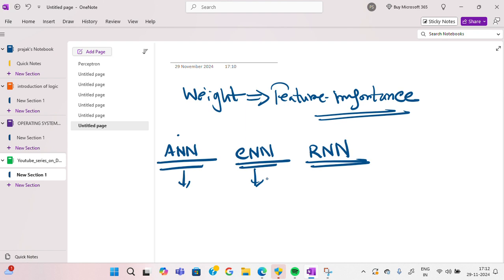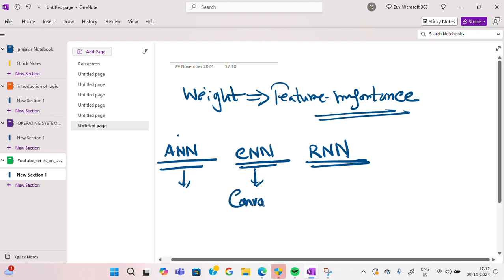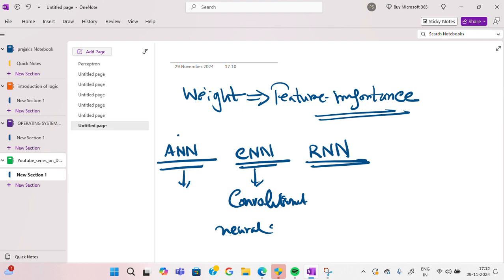CNN is the convolutional neural network, and RNN is the recurrent neural network. For the artificial neural network, we are just determining these basic cases. So what is a perceptron, and then we will train the perceptron. We will take different types of values, we will predict over there, and these things will be there.